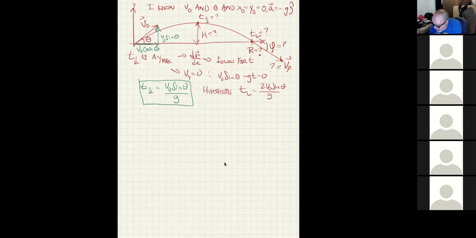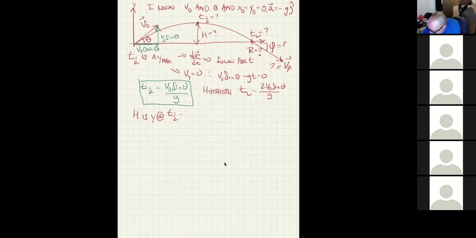So h is y at t 1/2. Does that make sense to everyone? What I'm saying there? If I compute the y component of the r vector at the time t 1/2, then I should get h.